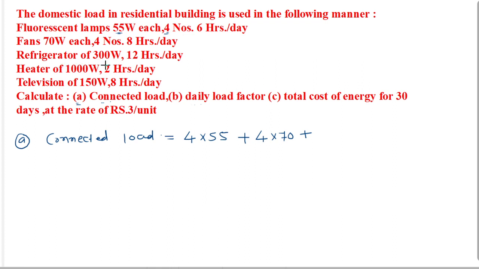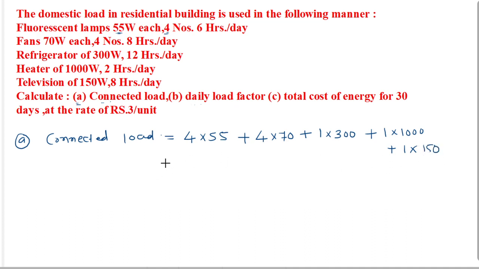refrigerator 300 watt. Numbers of refrigerators are not given, so the refrigerator is 1: 1 multiplied by 300 watt, plus heater of 1000 watt, so 1 multiplied by 1000, plus television of 150 watt, total number is 1, so 1 multiplied by 150.